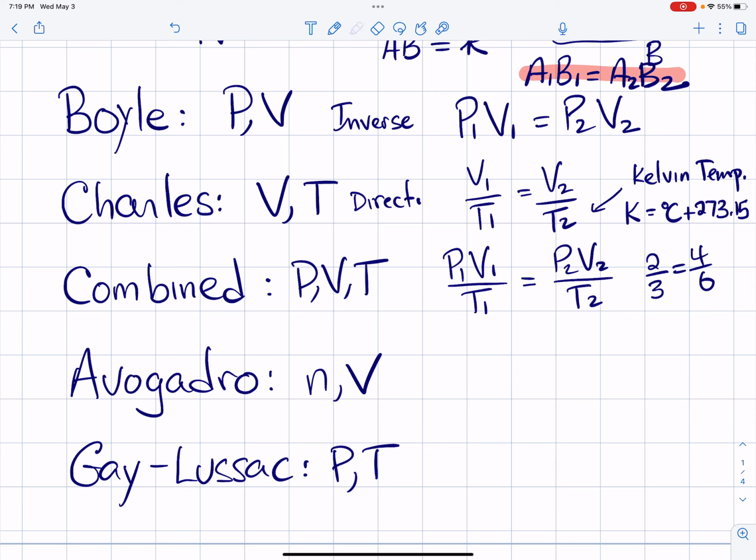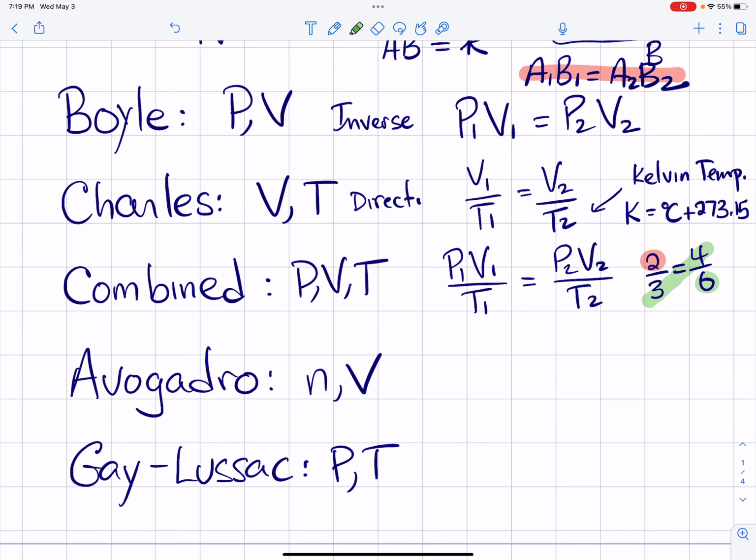If you want to find one of those four numbers, if you want to find the 2, for example, you cross multiply: you take the two numbers opposite, so the 3 times the 4, you multiply those, and you divide by the number that's by itself. So 3 times 4 is 12, divided by 6 gives you 2.